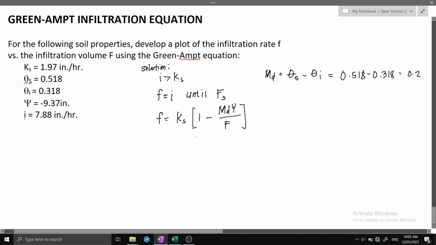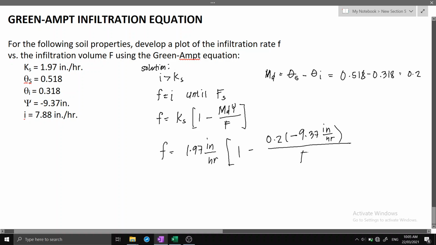So, substituting, f is equal to 1.97 inches per hour times 1 minus 0.2 times negative 9.37 inches all over F, which is the infiltration volume.